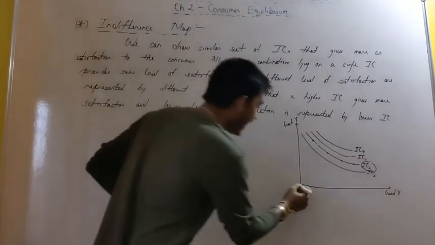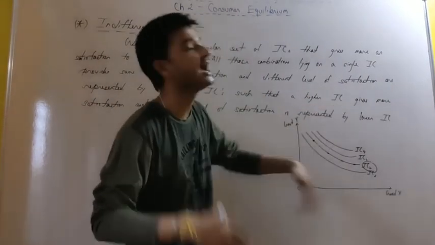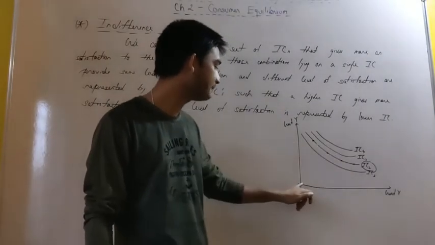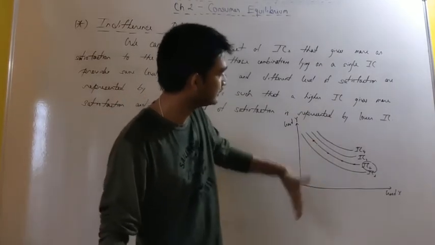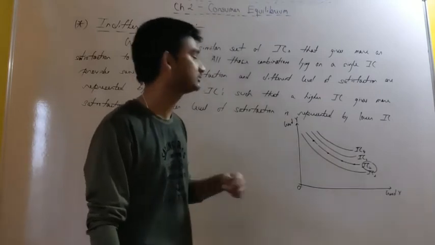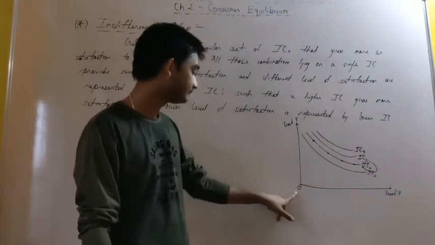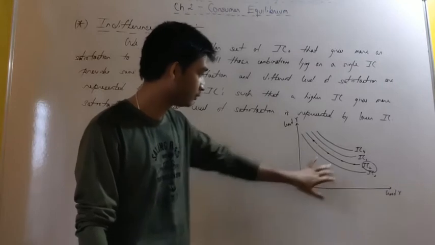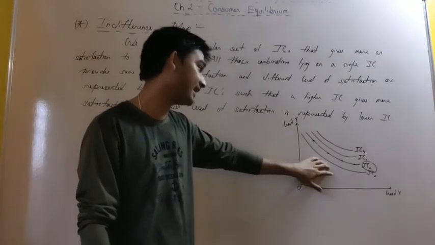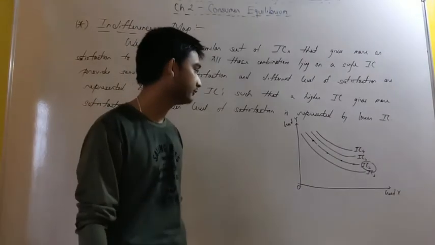So the further the curve is away from the origin, the higher the level of satisfaction. IC4 is much further from the origin, so the highest level of satisfaction is represented by IC4, and IC1 is much closer to the origin, so it represents a lower level of satisfaction.